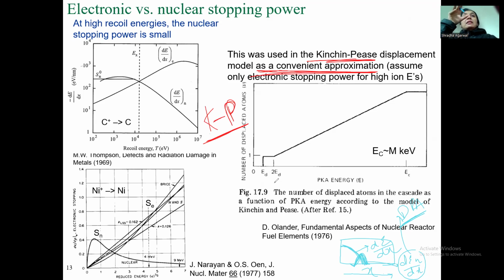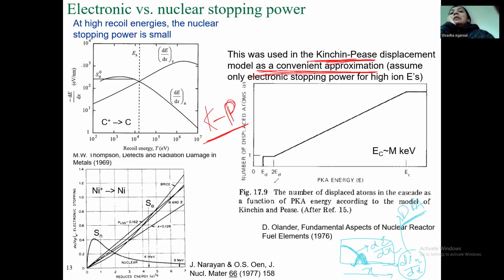But if anyone has Windows, they can have SRIM on it. Or maybe I bring another laptop. And there is a term that you will find again and again, Kinchin-Pease. So anyone will ask you, did you find your displacement using Kinchin-Pease?